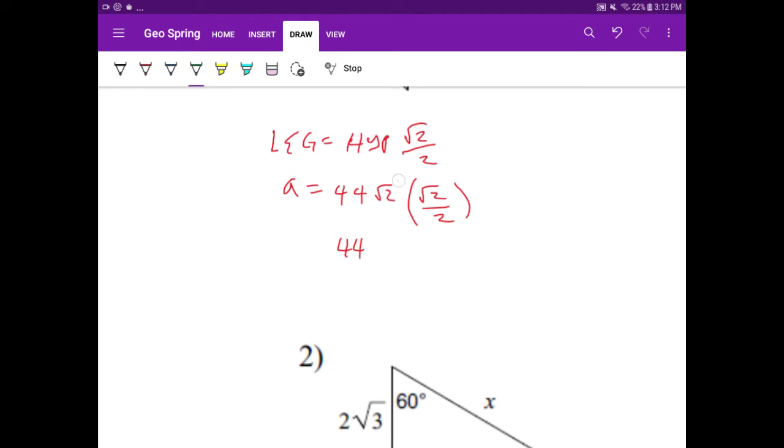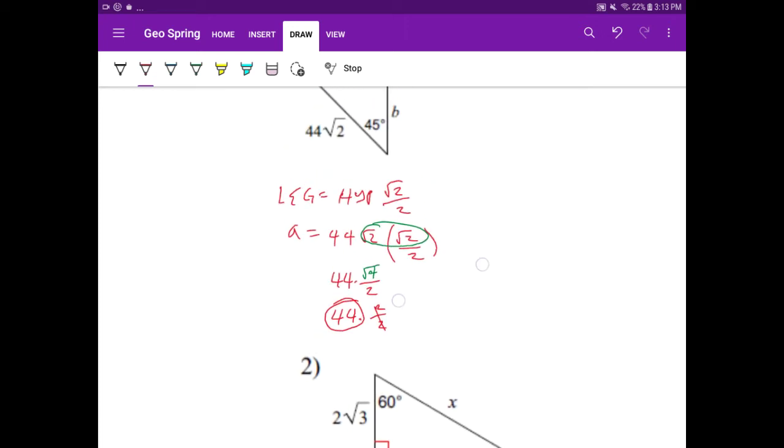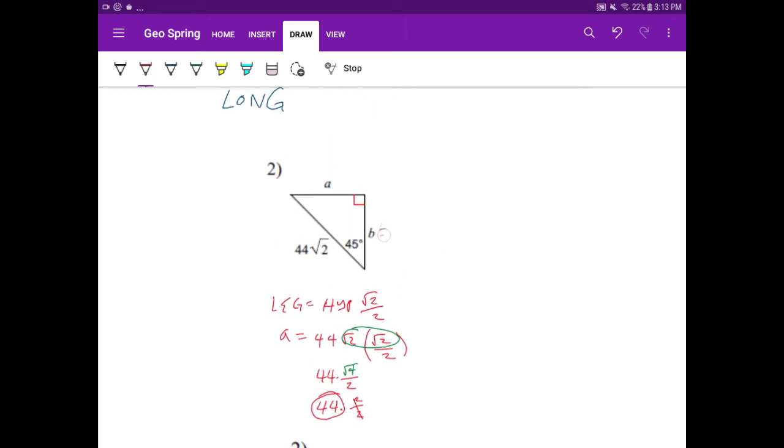Square root of 2 times square root of 2 is square root of 4, which is 2, so it's 44 times 2 over 2, which is 1, so it's just 44. So this is 44. If that's 44, this is also 44.